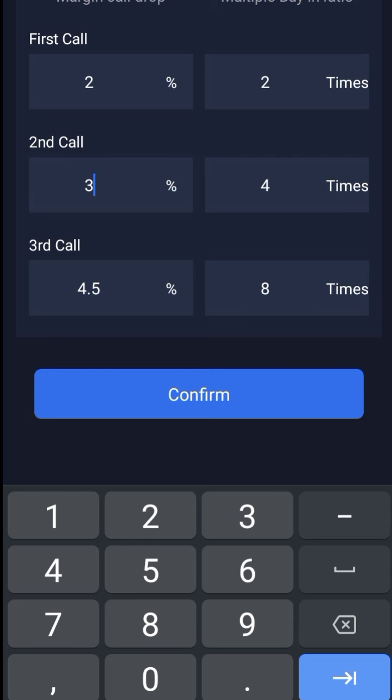If it falls 3%, it should buy, let's say, 3 times. Then if it falls up to 4%, that is if the margin call drops 4%, let it buy 5 times.